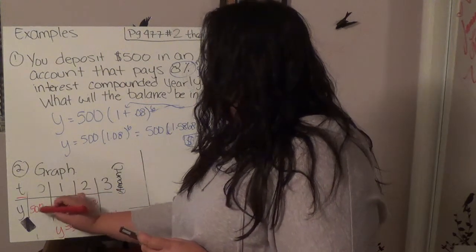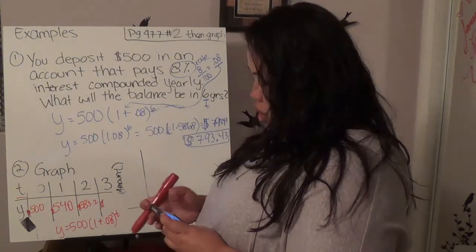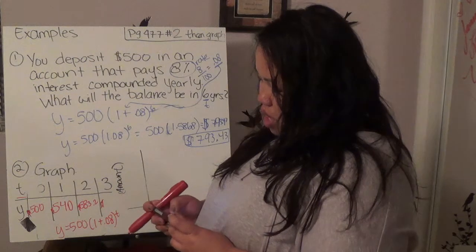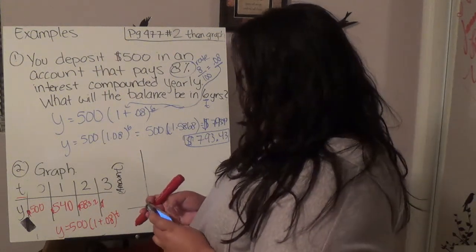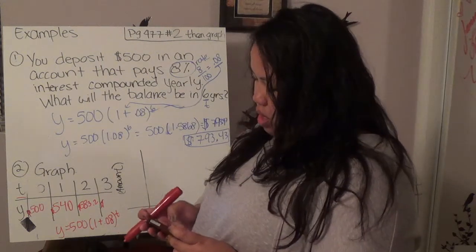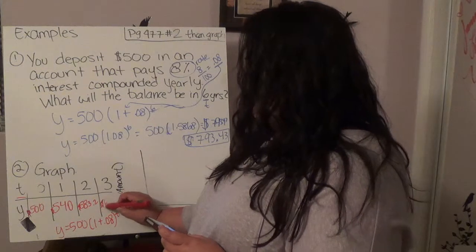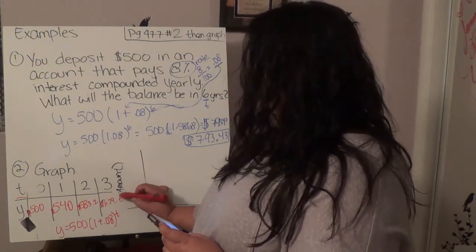There's money. Okay, and the last one is 3. So 1.08 to the power of 3, times that by 500. I get 629.86.